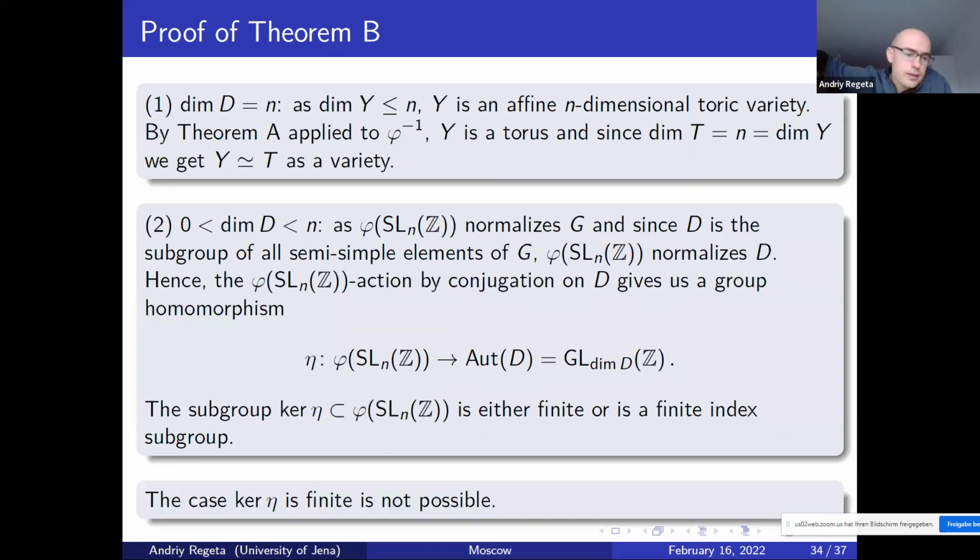The case when the kernel of η is finite is not possible, simply because SL_n(Z) cannot be embedded into GL_k(Z), where k is strictly smaller than n. This, for example, follows from Margulis superrigidity theorem.